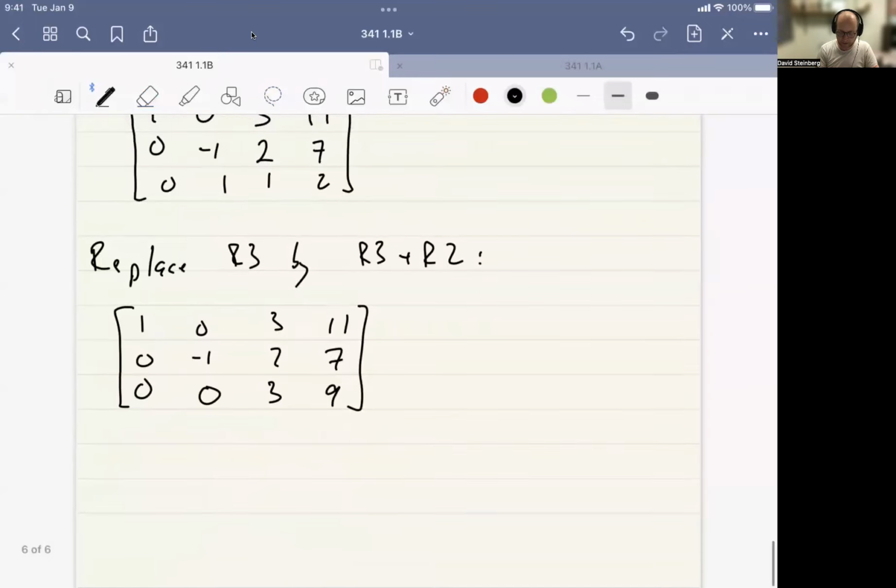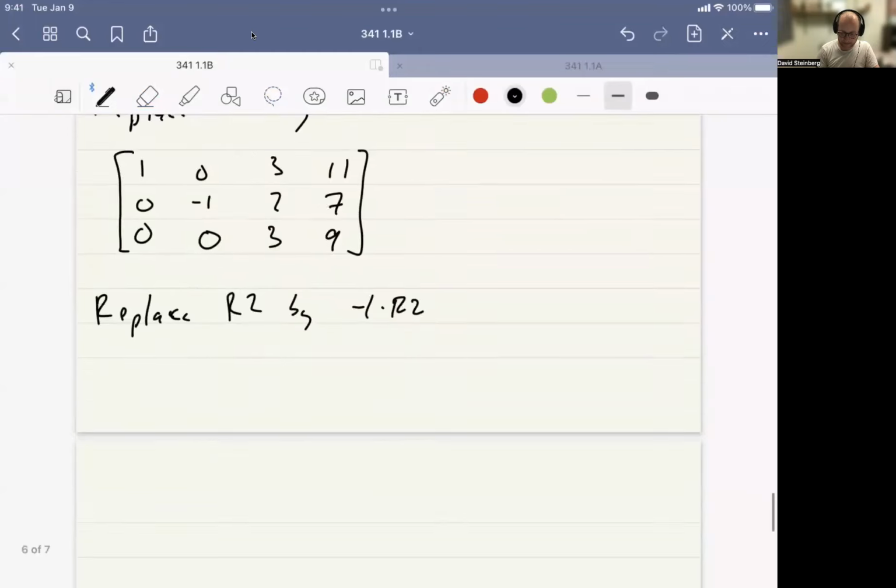Okay, so now we do want a 1 here, so we know that x2 is equal to some number. So let's replace row 2 by -1 times row 2, and now we're going to get a proper matrix here: 1, 0, 3, 11, 0, 1, -2, -7, 0, 0, 3, 9.